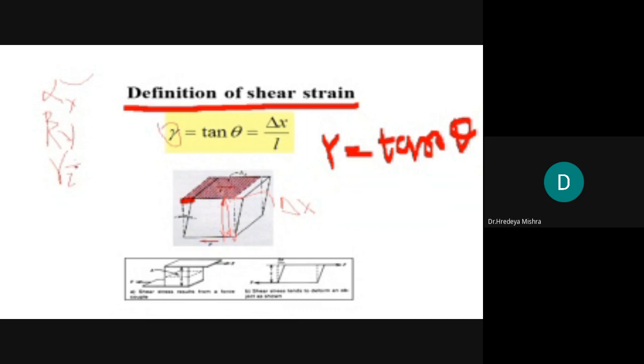Here gamma represents the shear about the z direction. Gamma is the representation for the deformation in that direction.